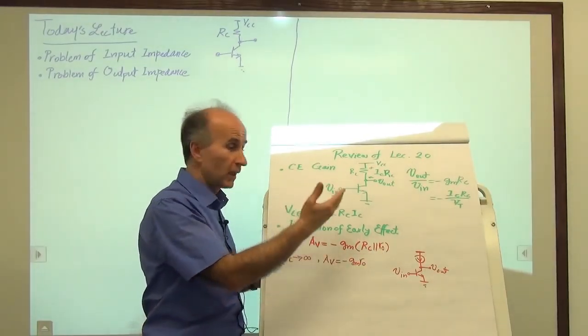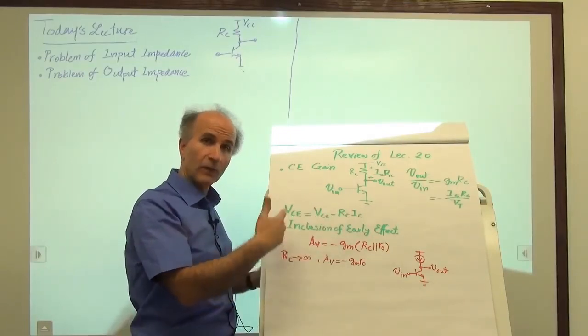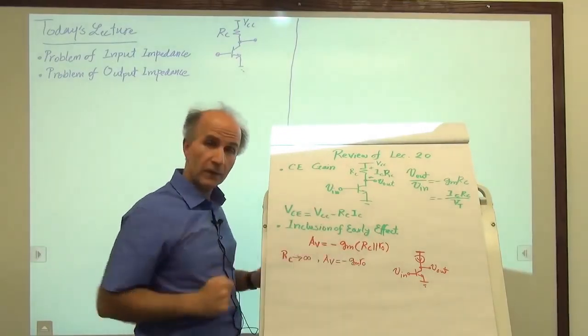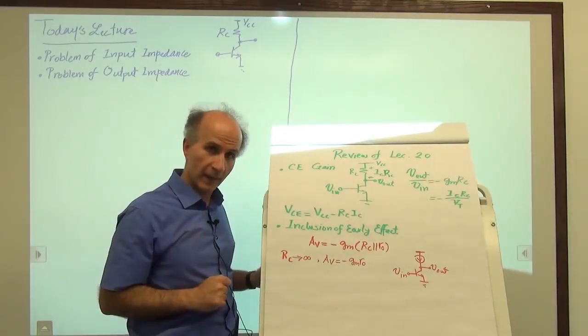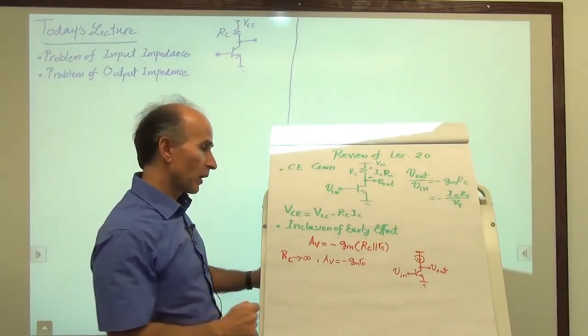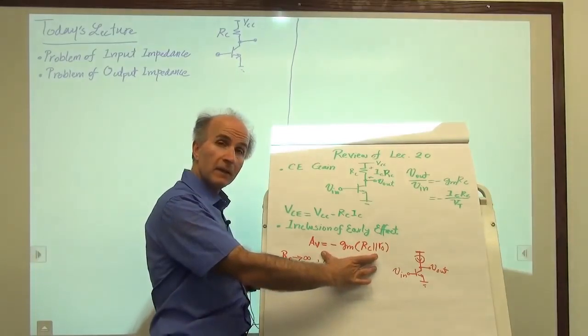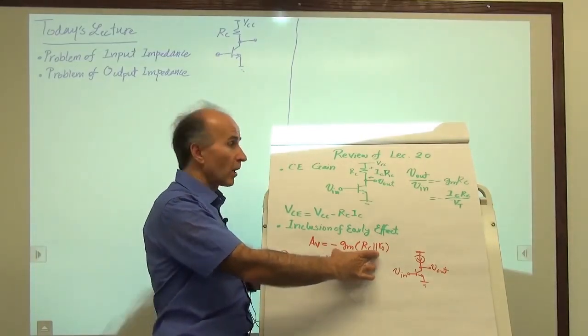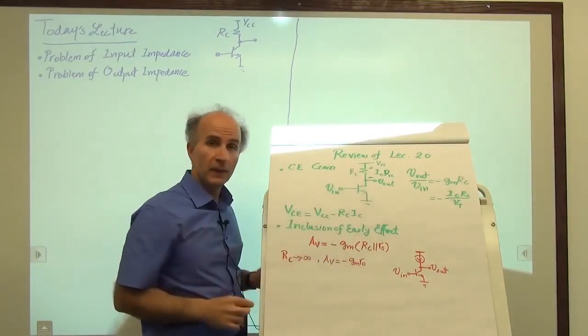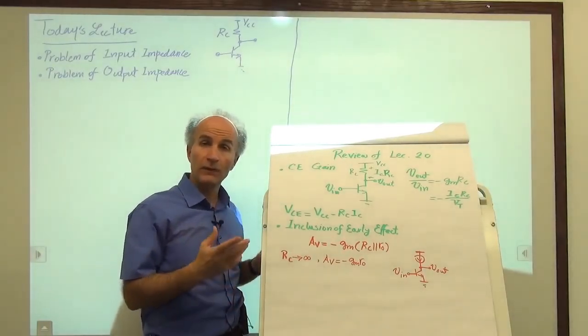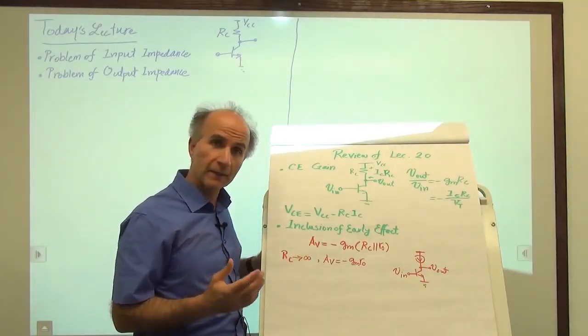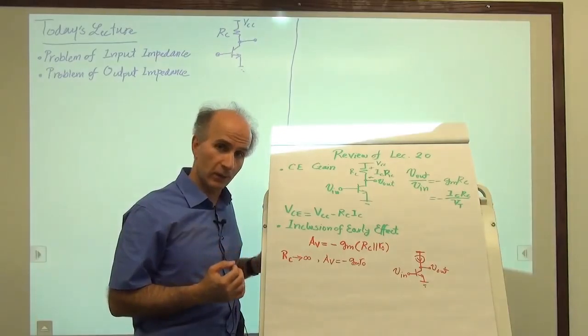We can write the equivalent circuit again and do the calculations, or we can just use intuition to understand what the result should be. All right, and one special case of this result is when RC itself goes to infinity, meaning that it is replaced by an ideal current source.